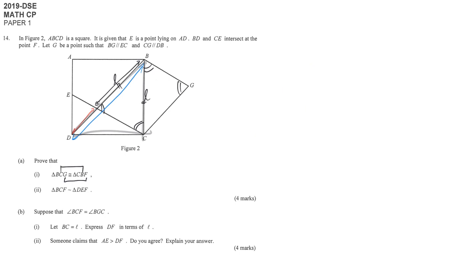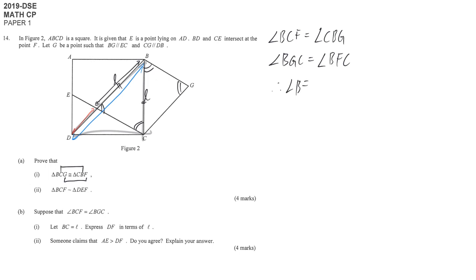First, state clearly that we know that angle BCF is equal to angle CBG. At the same time, angle BGC is equal to angle BFC. Therefore, we know these two angles are the same.